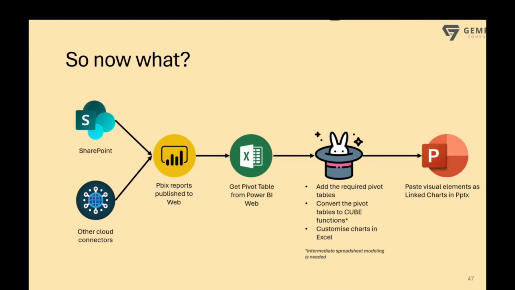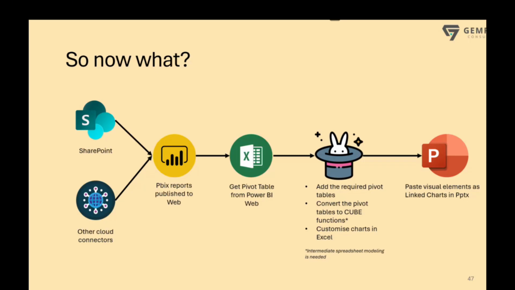And then after that, what I do is, well, I need this for MBR. I'm just going to copy that visual and paste it into my PowerPoint as a linked chart so that it doesn't come out as a JPEG, so that I can size it and do whatever squeezing and stretching that I want with these visuals, and they will never go out of proportion.